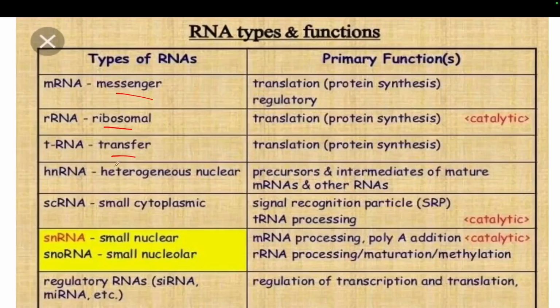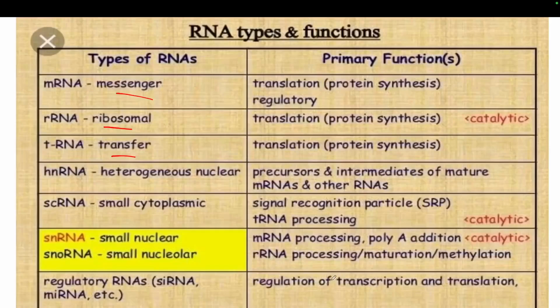Apart from that, there are regulatory RNAs like siRNA and miRNA. They regulate or silence the overexpression of any kind of transcript or translation procedure, through the siRNA, small interfering RNA, or the miRNA. Apart from that, there are small nuclear as well as small nucleolar RNAs, which are helpful in mRNA processing or rRNA processing.